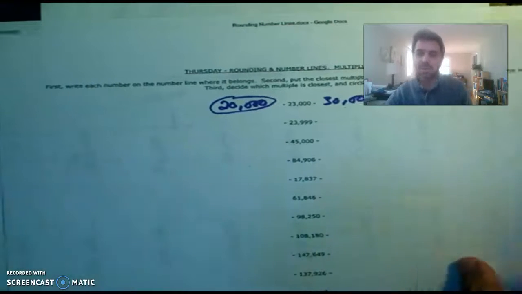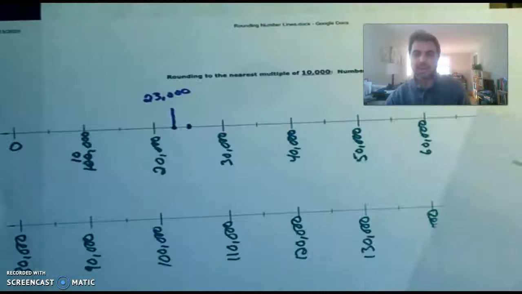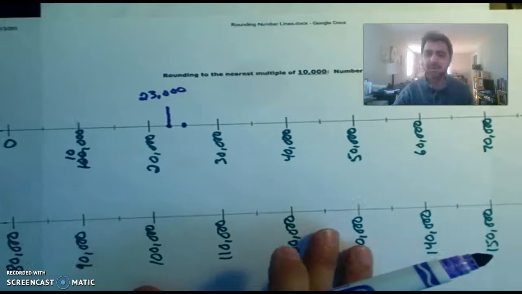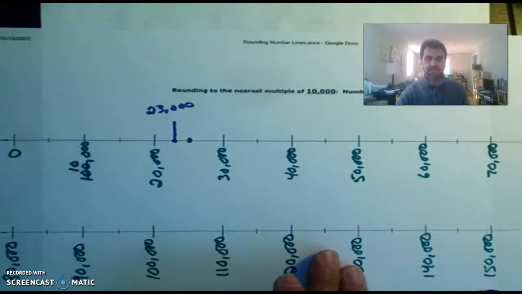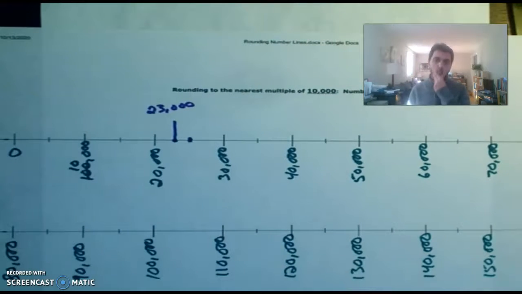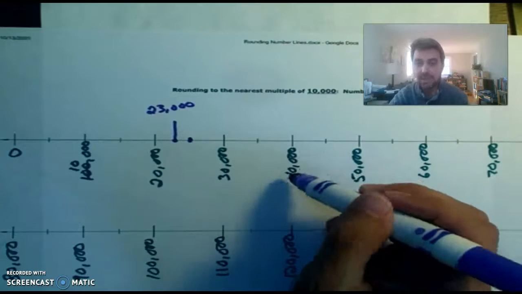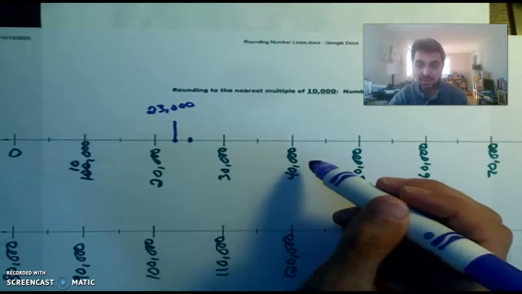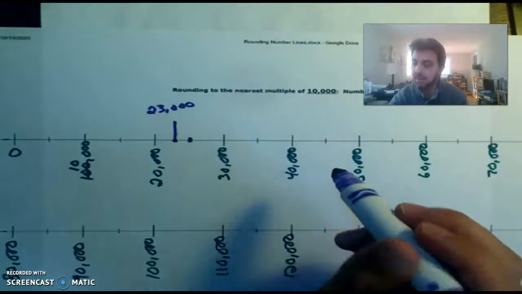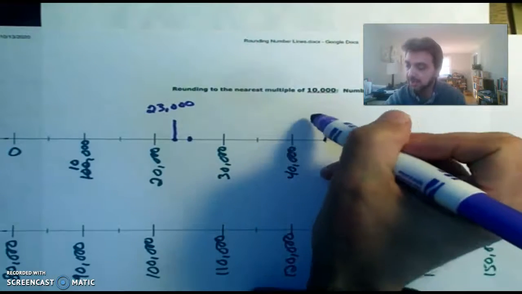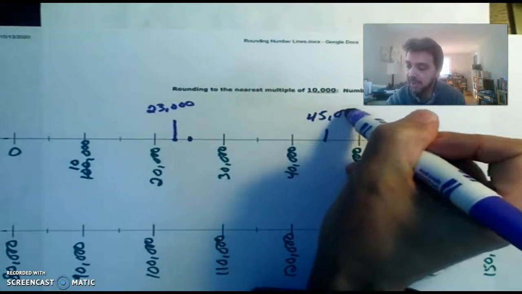Okay? All right, let's do the third one, 45,000. Put where you think that should go on the number line. Do that right now, please. All right, so I see 40,000 here. 45,000 should go right in between, right? We're just talking about that. Okay, so 45,000 should be right there.